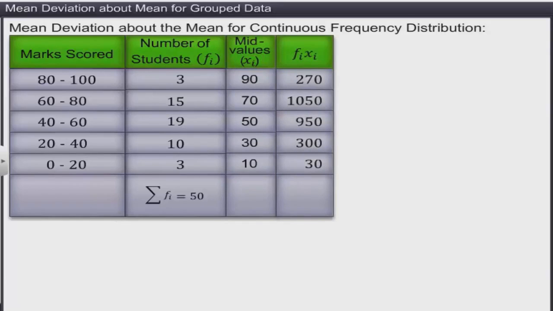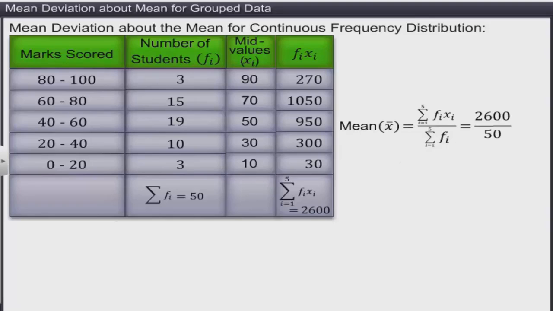Now, we'll find the product of the mid-values and their respective frequencies. The sum of the product of the mid-values and their respective frequencies is equal to 2600. Therefore, the mean x bar is equal to 2600 divided by 50, which is equal to 52.